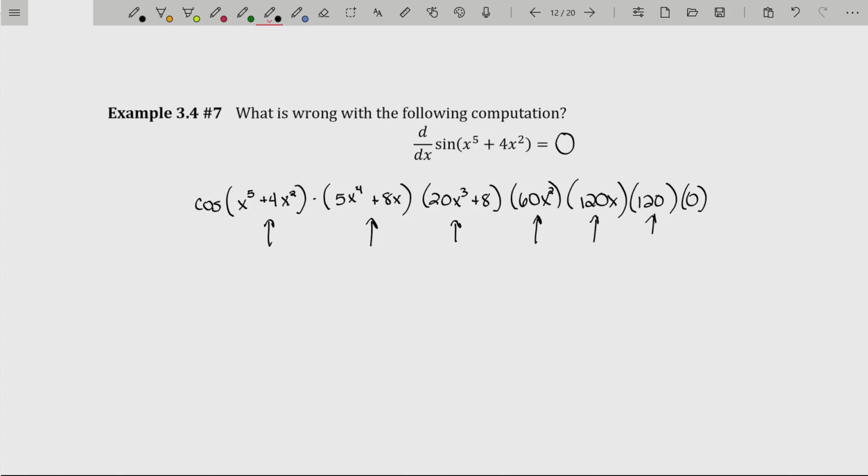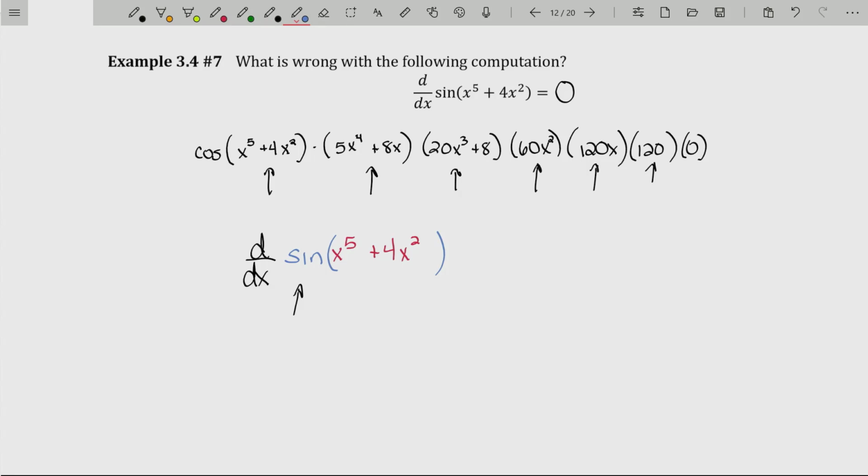If the student were to do this correctly, they would say, okay, I need the derivative of an outer function, sine, of an inner function, x to the 5th plus 4x squared. And so if they do this correctly, they'll look at this function and say, okay, the derivative of the sine is definitely the cosine of the inner function. Great. That is perfect so far.